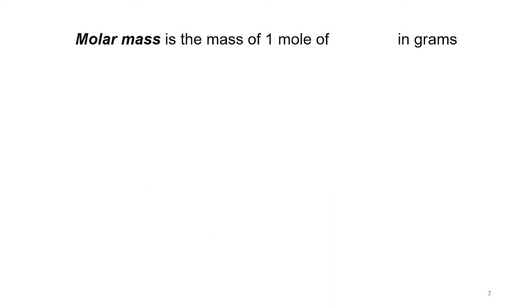So, for the molar mass, this is how we can use the average atomic mass number. Molar mass is the same as saying the mass of 1 mole of eggs in grams, or 1 mole of shoes in grams, or 1 mole of marbles in grams. Specifically for our case, we'll be talking about atoms. So molar mass is actually the mass of 1 mole of atoms in grams.